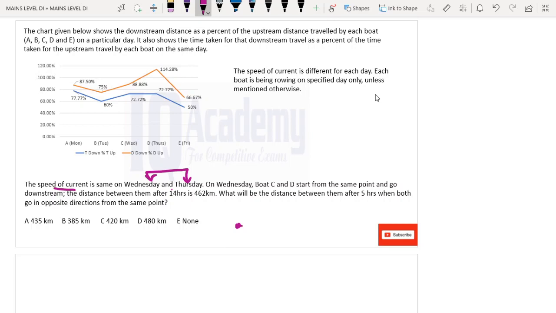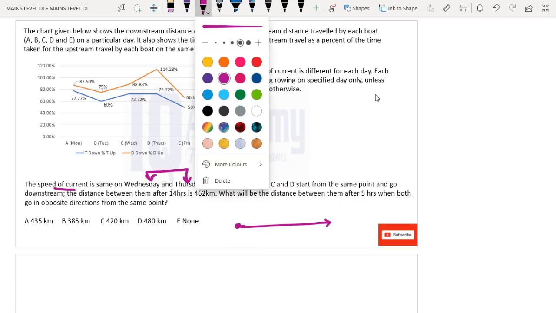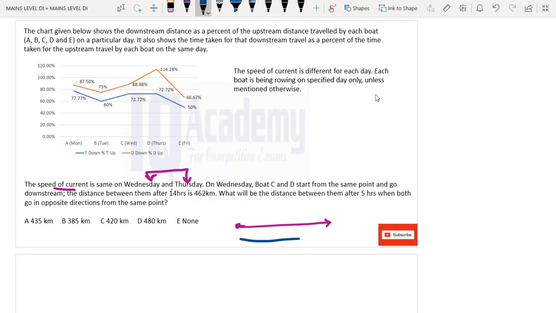So both are going in the same direction. C, D, both are going in the downstream direction.